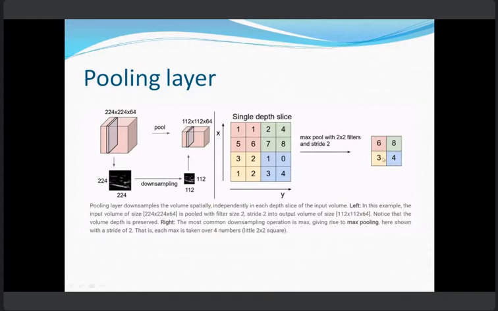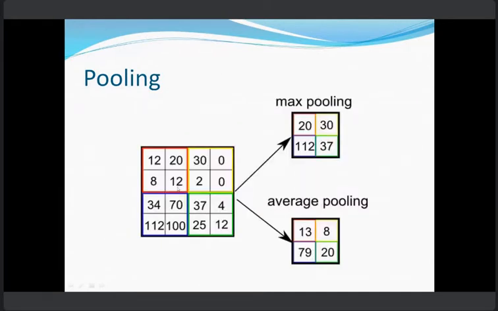The pooling layer is a dimensionality reduction layer. You can see a 4x4 matrix here. After applying pooling with 2x2 filters, you will get a 2x2 matrix, so we are reducing the dimensionality. Now the detailed explanation of how pooling is done.